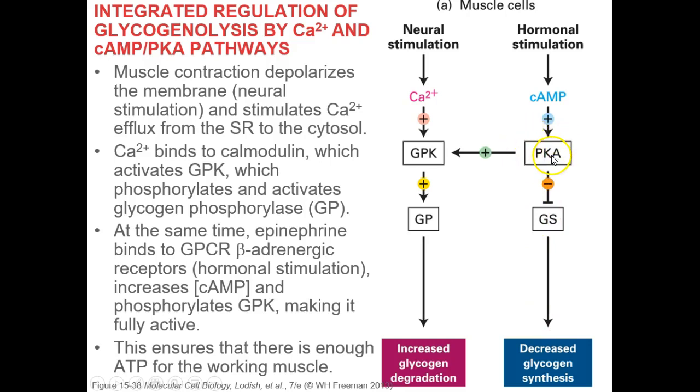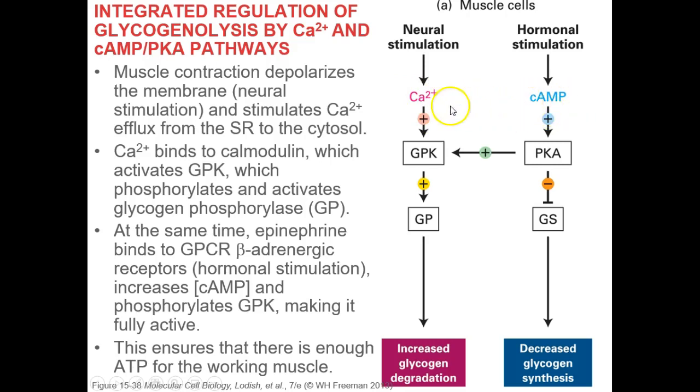The protein kinase A also phosphorylates the glycogen phosphorylase kinase, which then phosphorylates glycogen phosphorylase, and that means we have increased glycogen degradation. So this is what we want when we're exercising. But this neural stimulation will also increase the intracellular concentration of calcium.